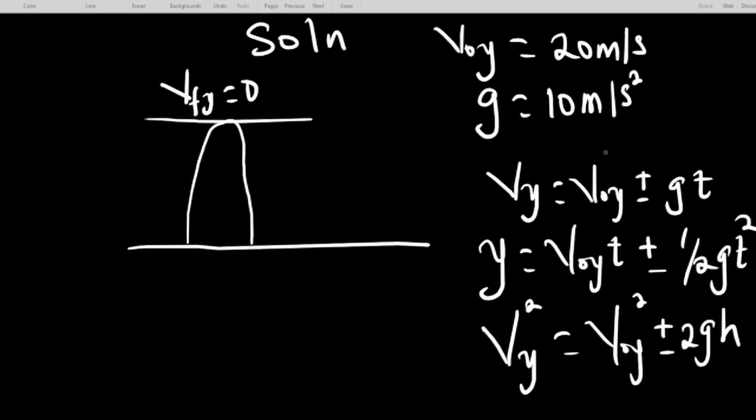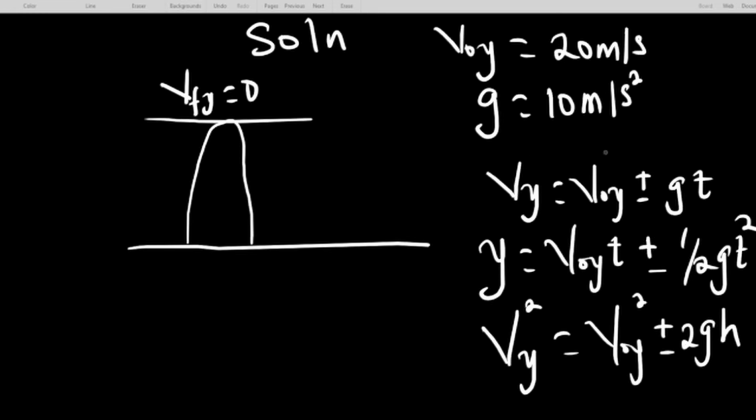We don't have time either, so we cannot use the second one, because we would end up with two unknowns. For the last one, we have the final velocity in the y direction, the initial velocity in the y direction, and our g, so we can find our height. So let's use the third equation to solve for height.